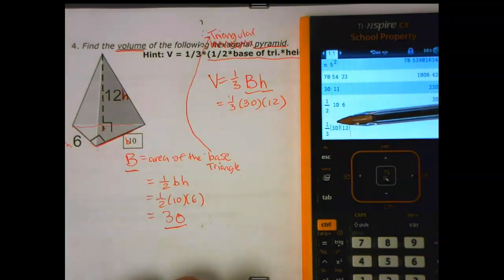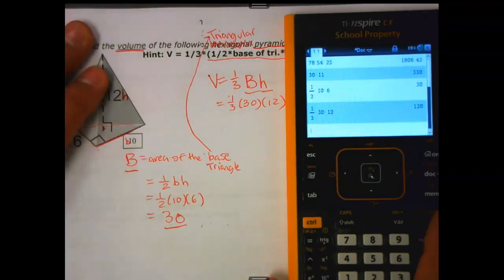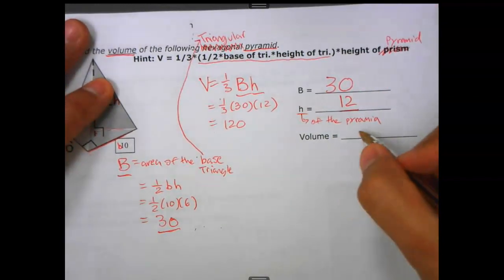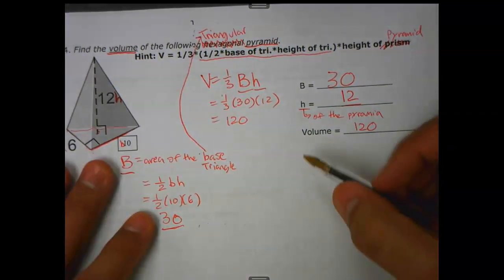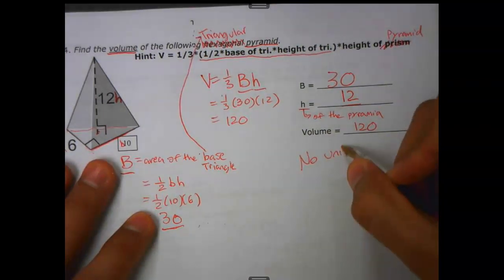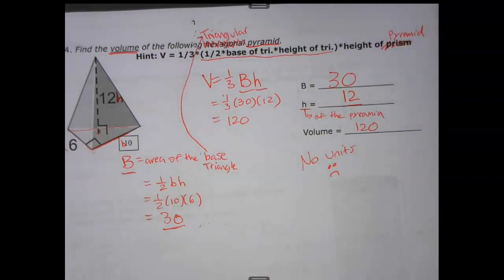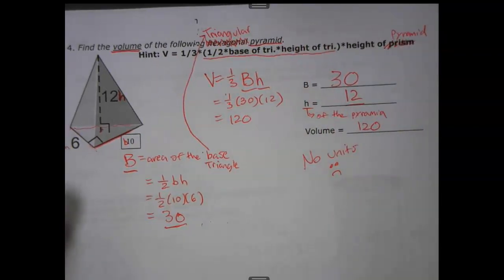That gives me 120. 120 units cubed. Now, no units. It is what it is. But that's how you do it. 1/3 big BH. I'll fix these typos on your documents. So that's how you do it.